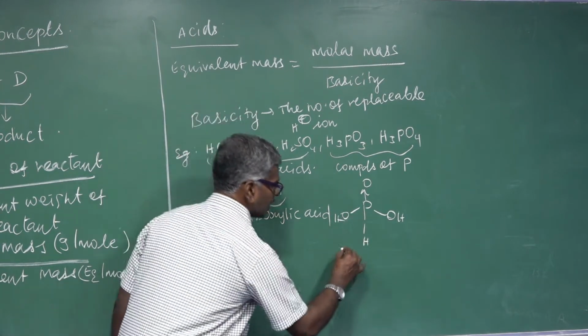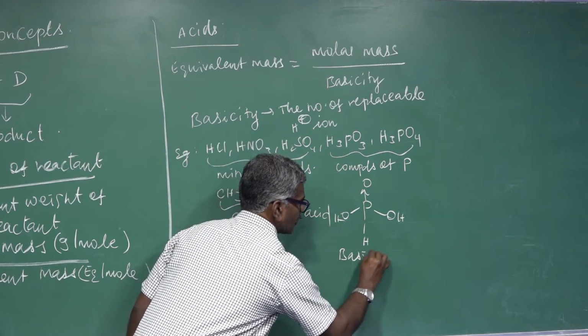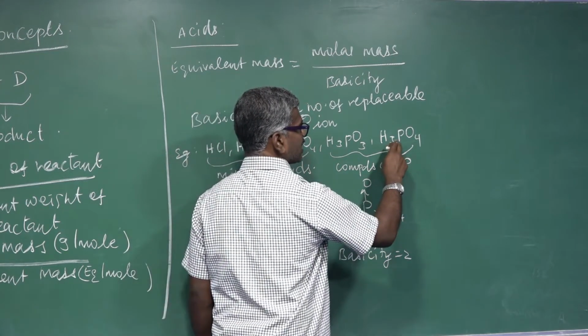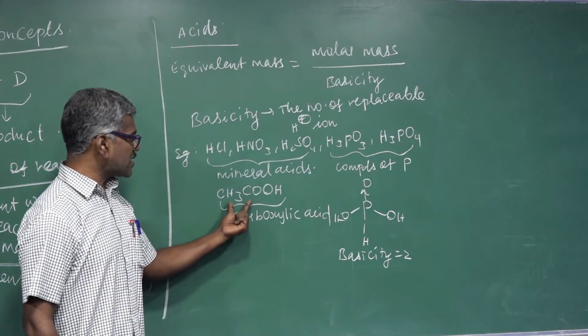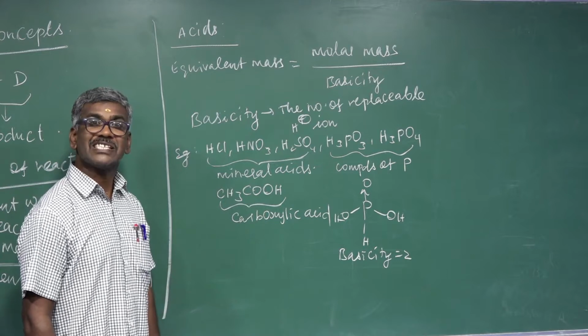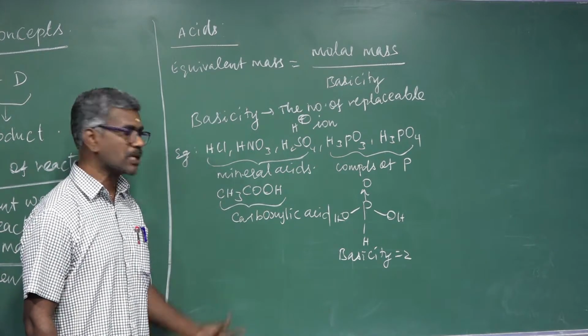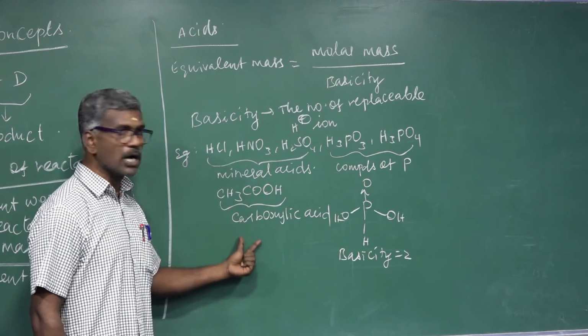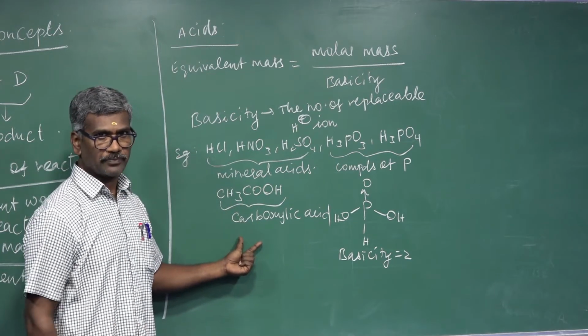So basicity is 2. This one has basicity 3. Here, in acetic acid, there are totally 4 hydrogens. Which hydrogen can be easily replaced? The carboxylic hydrogen can be easily replaced. So the basicity of carboxylic acid is 1.